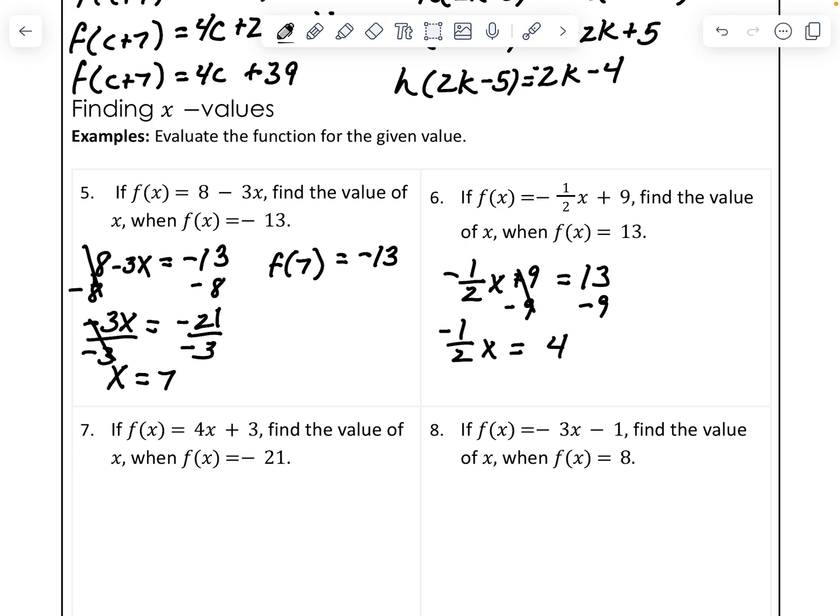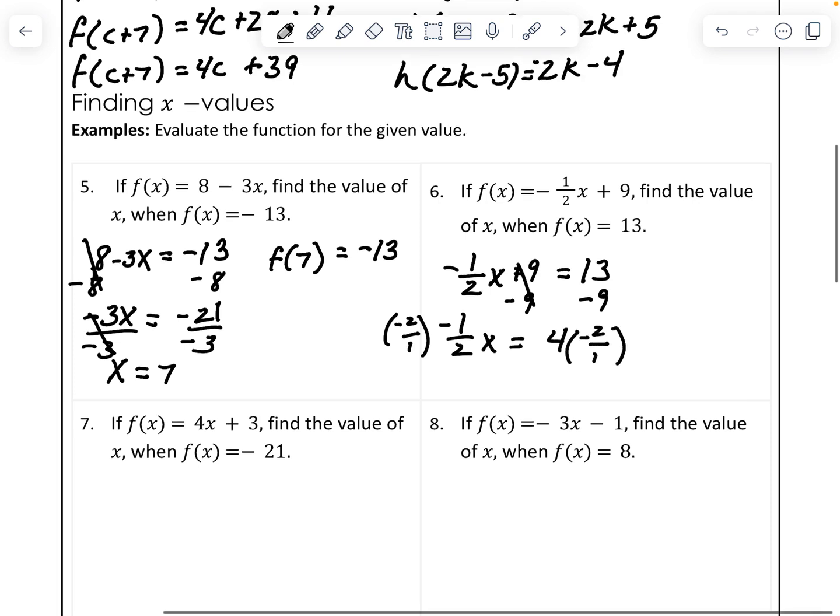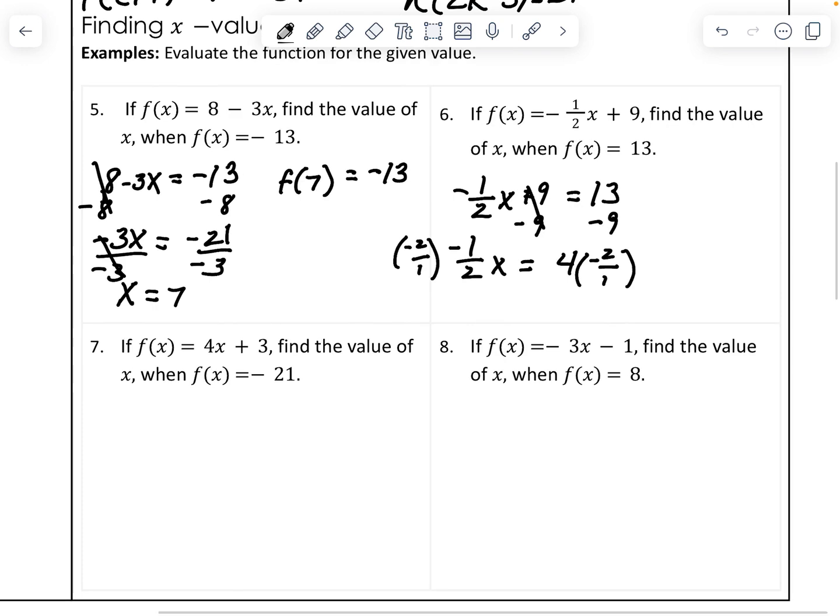Now I have a negative 1/2 x, which means I'm going to multiply by the reciprocal. And when you do that, you end up with your 1 or your x. These will cancel each other out.